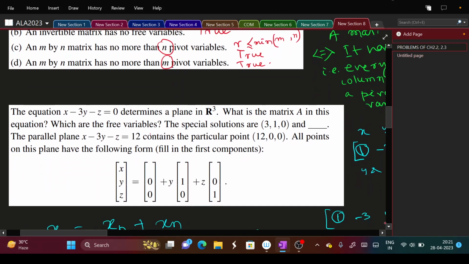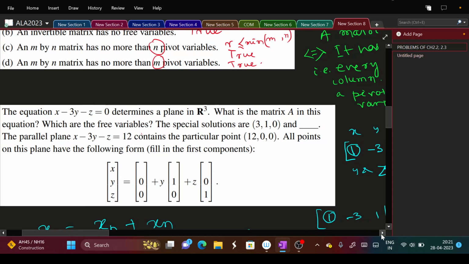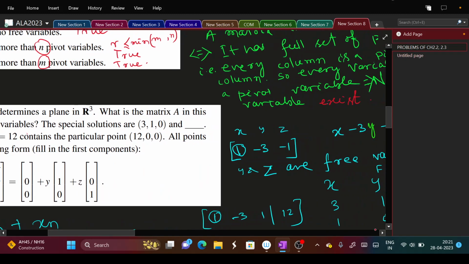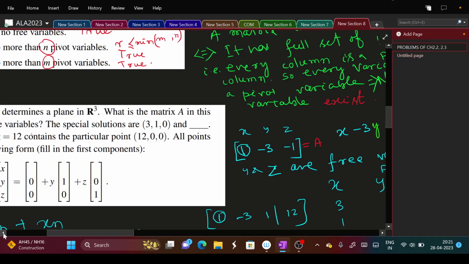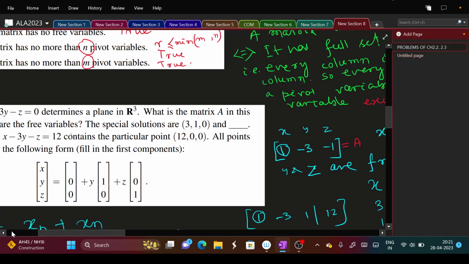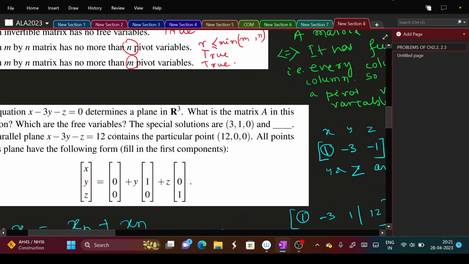So next question is, this equation determines a plane in R cube. What is the matrix A in this equation? Matrix A in this equation is 1, minus 3, minus 1, this is my A. Next question is, which are the free variables?